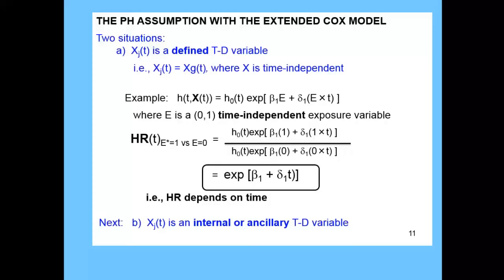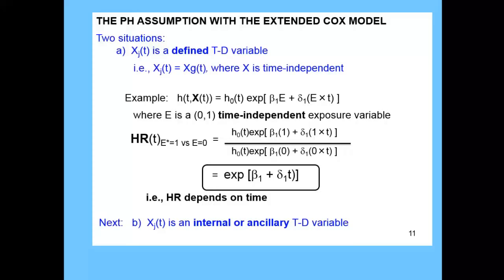What happens to the hazard ratio if delta 1 is positive? It's increasing, right? That's what this model says. So that's an example where, if you're using an extended Cox model, you're saying the proportional hazard assumption isn't satisfied. The hazard ratio isn't constant over time, it's changing over time.